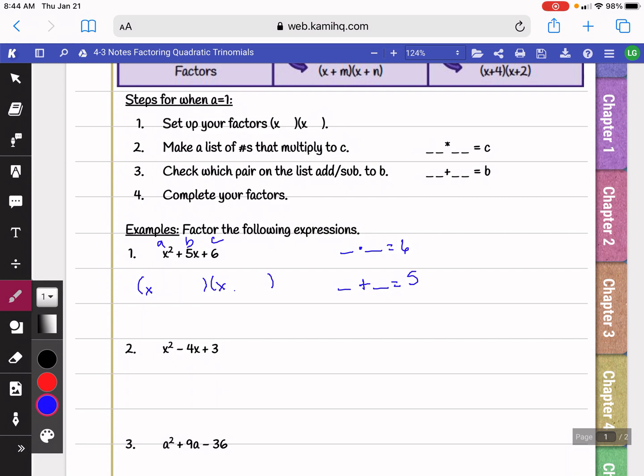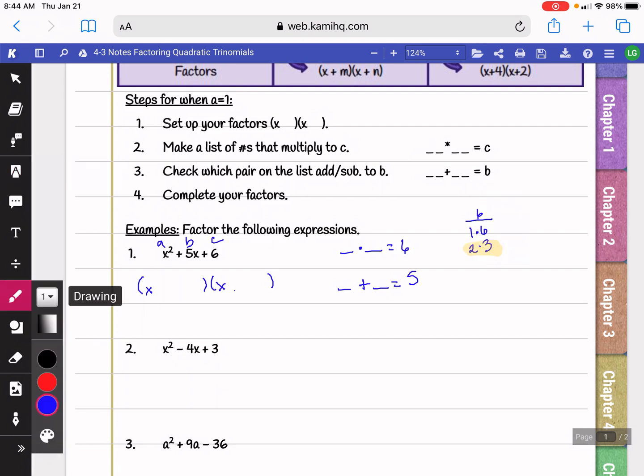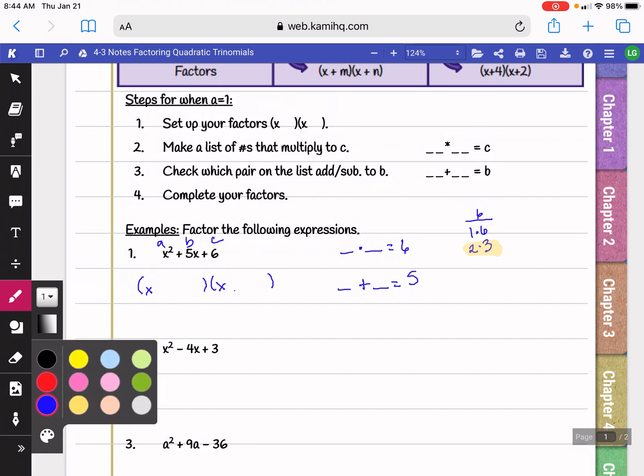So here, when I create my list of numbers that multiply to 6, I like to start with 1, because sometimes students forget that 1 works. So I would start with 1 and 6, and then I could do 2 times 3. Now I'm going to look at my pairs, see which of those will give me the number 5. Here, 2 and 3 give me the number 5. So I can put these inside my factors now.